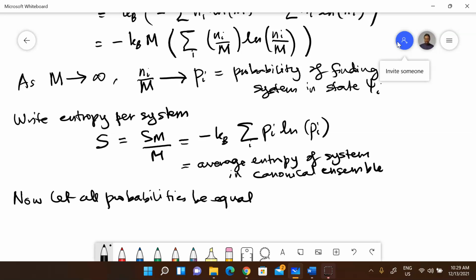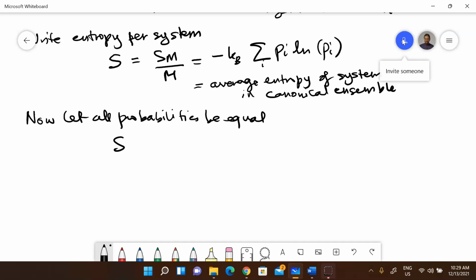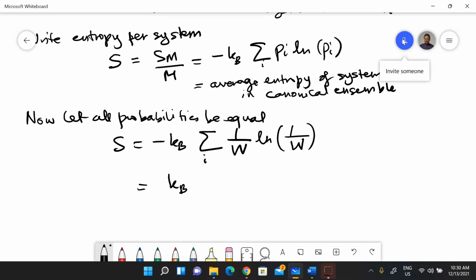That means that S is going to be given by minus kB sum over i, with equal probabilities of 1 over W, so each Pi is just 1 over W. When you sum over all i, that gives you essentially W, and that reduces to kB log W, which is your Boltzmann formula that we have seen before.